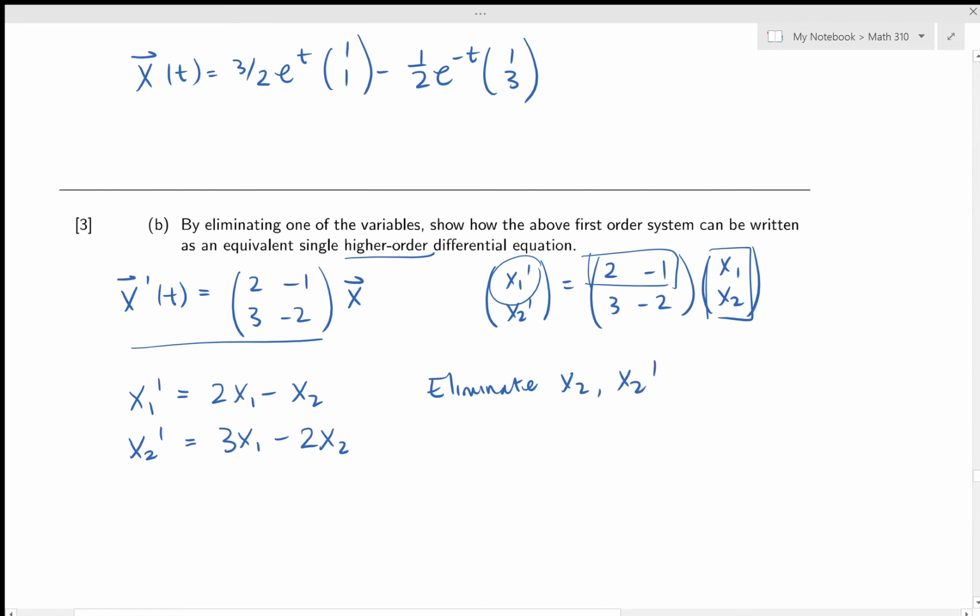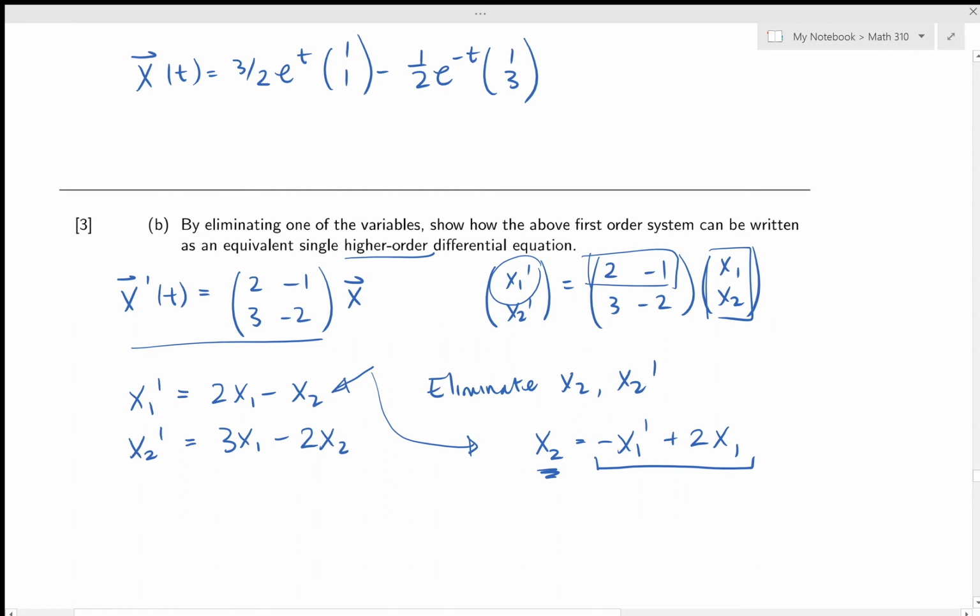So the first thing I'm going to do is take a look at this first equation. Moving x2 to the other side, x2 is minus x1 prime plus 2x1. That allows me to get rid of x2 wherever I see it by replacing it with this.